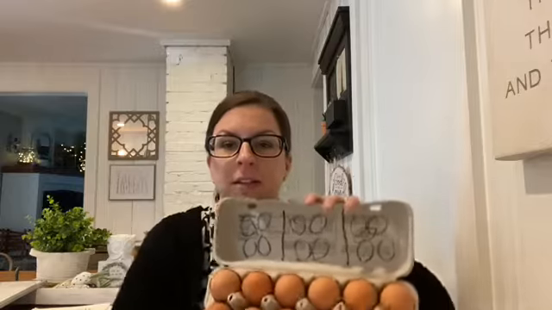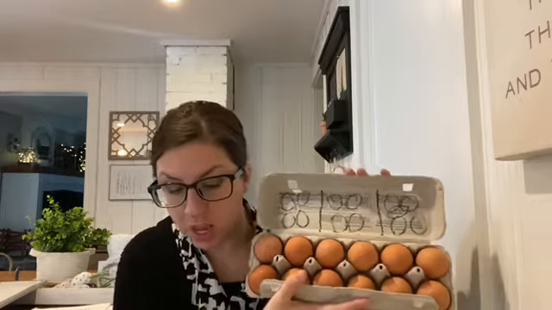I'm not going to draw on the eggs, but I'll draw on the carton. So we have 3 sets, and each set has 4 eggs in it. Remember we said that the fraction sign can also mean out of.